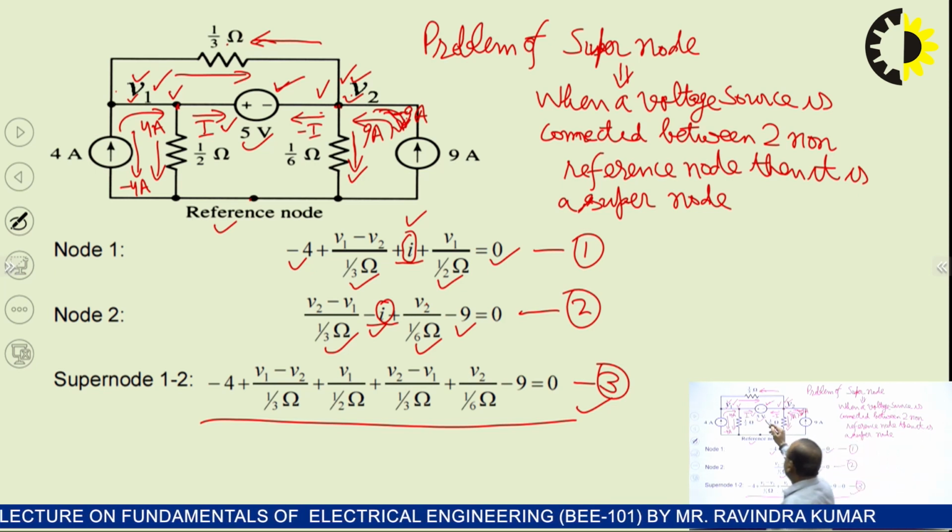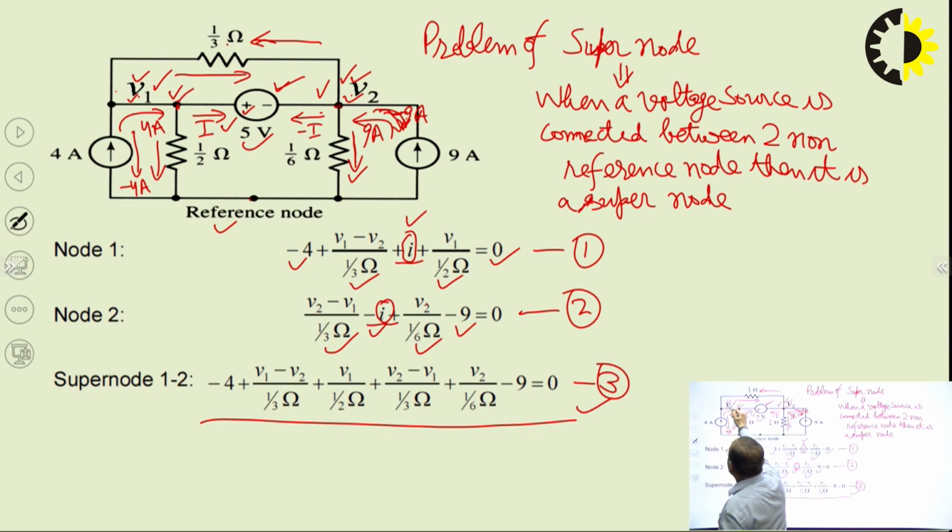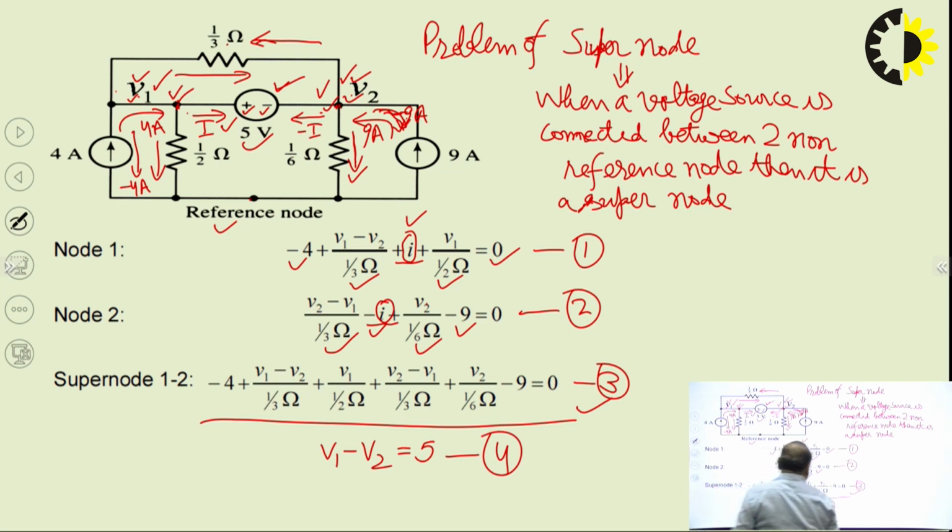If we see this 5 volt voltage source, the positive plate of this source is directly connected to this terminal, where the potential is V1, and the negative plate of this voltage source is connected directly to this terminal where the potential is V2. So, we can write V1 minus V2 equal to 5 volt. This is equation number 4. Now, this is another equation for V1 and V2.